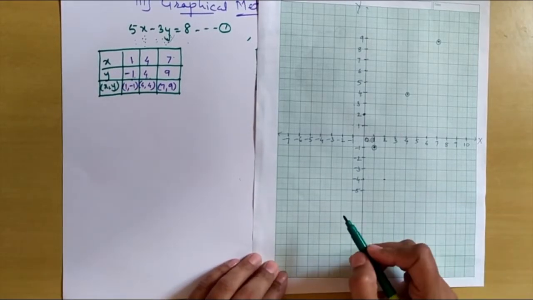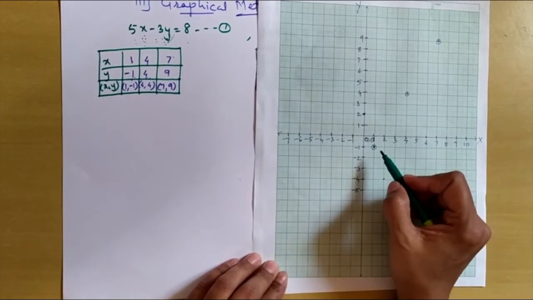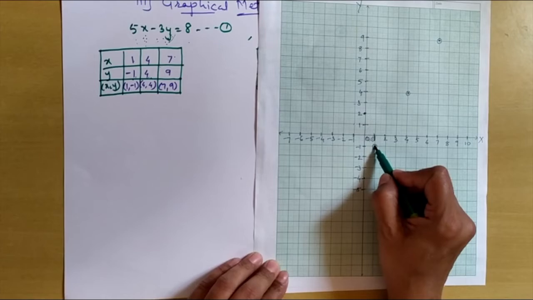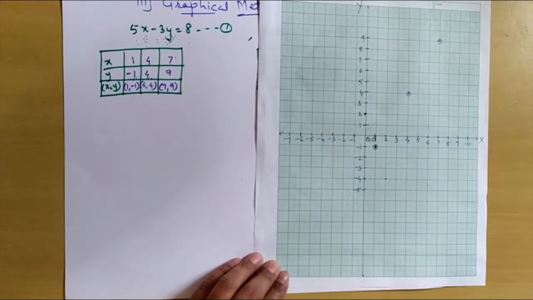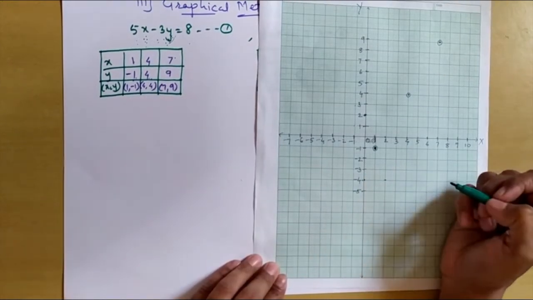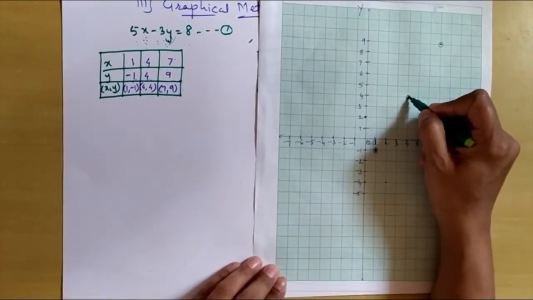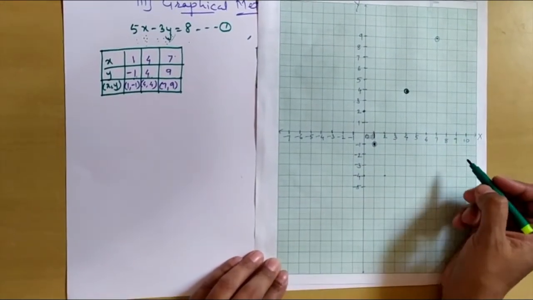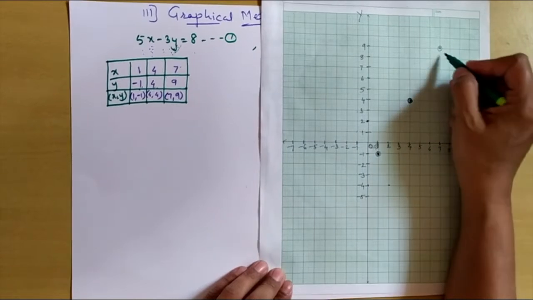So this value comes out to be here. So you get this point. Then x as 4 and y as 4, you are getting it here. Then x as 7 and y as 9, you are getting it here.